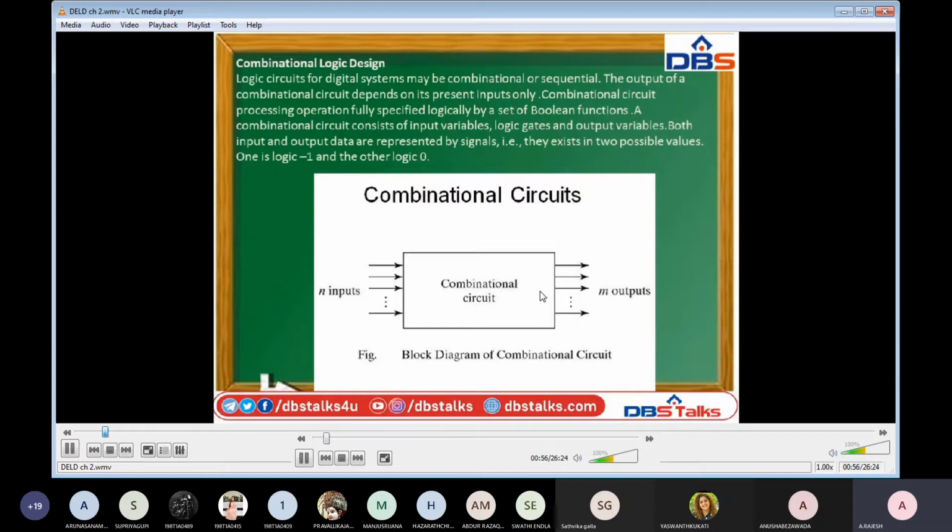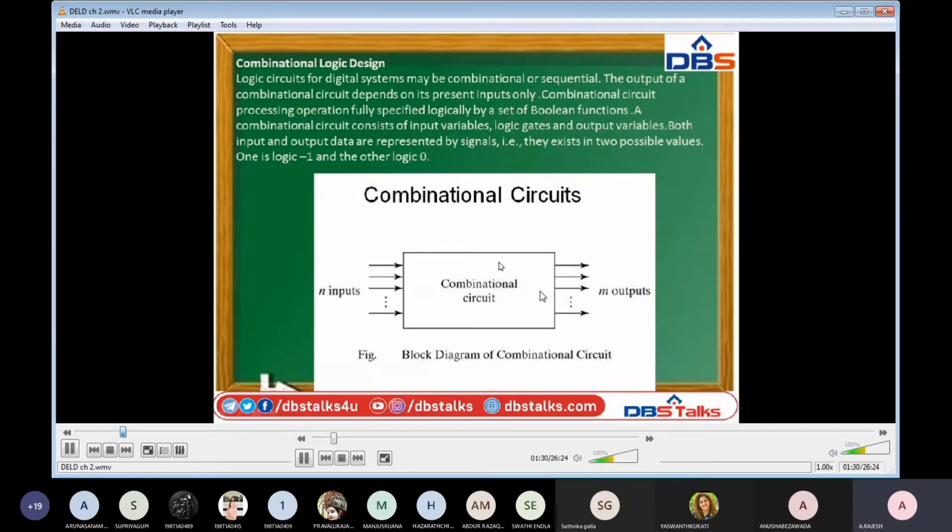A combinational circuit's processing operation is logically specified by a set of Boolean functions. That means we are designing a circuit completely based on its logic functions, which may be a set of Boolean functions. A combinational circuit consists of input variables, logic gates, and output variables.